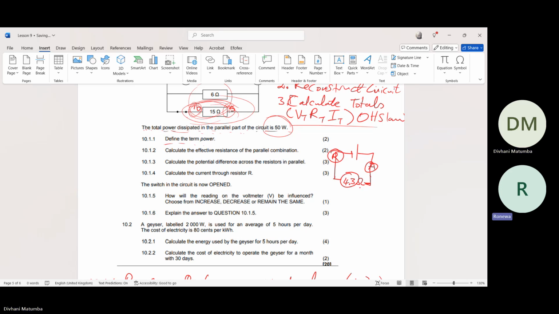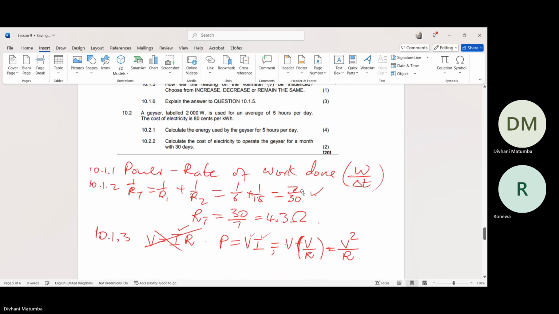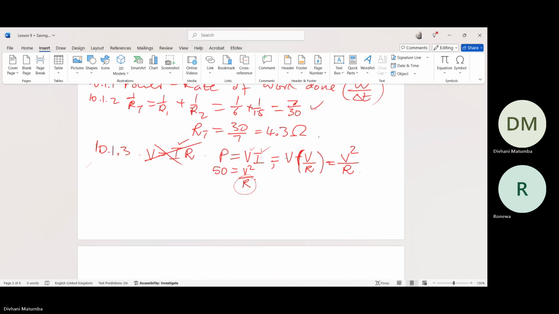Is it 4.3? Exactly. We will have V squared over 4.3, so V squared equals 50 times 4.3.